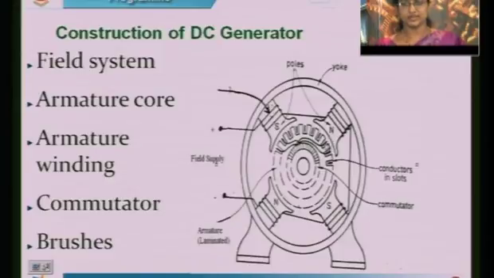The conductor under the influence of north pole, you are going to connect to the conductor under the influence of south pole. This is how it is connected. There are two types of connections. One is lap winding connection and the other is wave winding connection. Lap winding connection you are using for high current applications, then wave winding connections you are using for high voltage applications. I will tell you why you are going to use them.